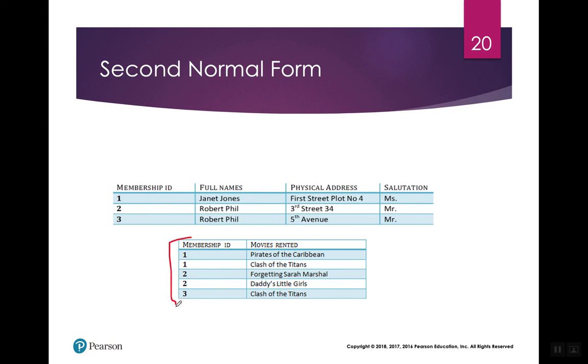Then we will create an artificial key. We'll call it the membership ID. That's simply a sequential number which uniquely identifies each record. And the membership ID is going to define our relationship between the two tables.